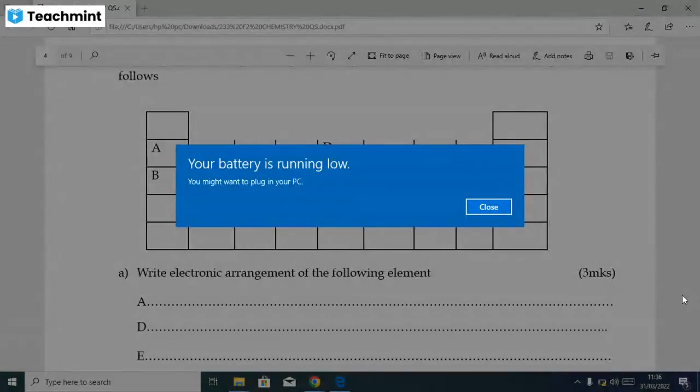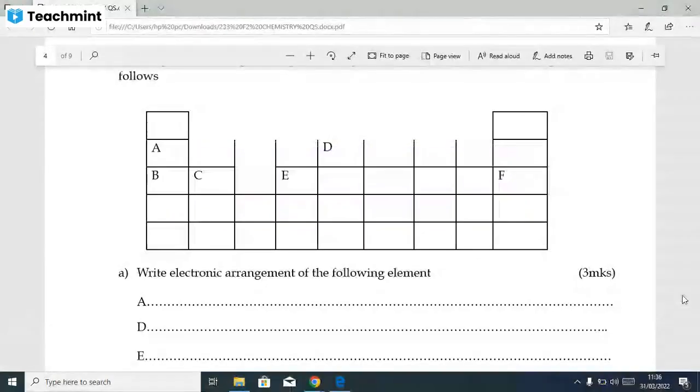But now, what is the valency of C? 2, correct. So the valency of C is 2. Valency of D, with electron configuration 2, 4? 4, correct.